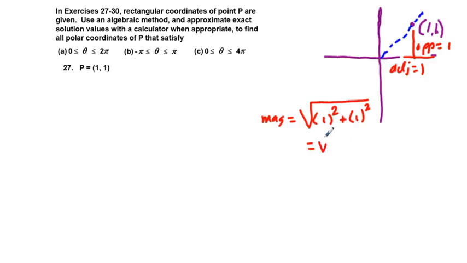So we're going to have square root of 2. So for this one, our polar coordinate between 0 and 2 pi, now 0 and 2 pi would mean a full rotation of a circle. All right.